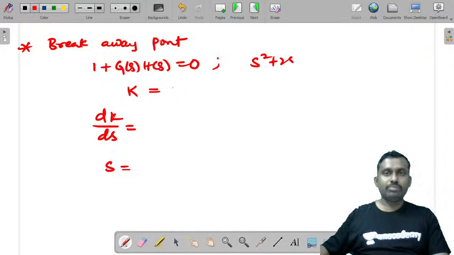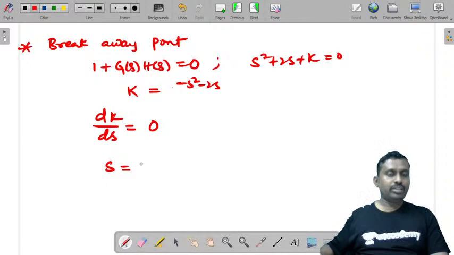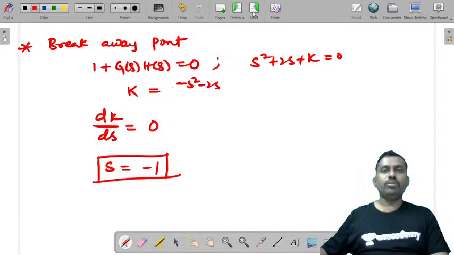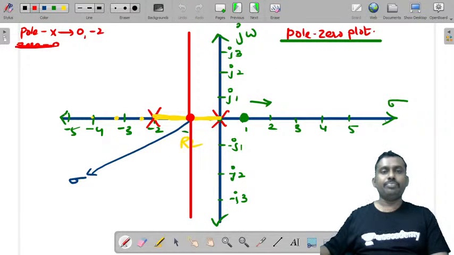You'll get s square plus 2s plus K is equal to 0. From this, K is minus s square minus 2s. If you differentiate and make it equal to 0, you'll get s is equal to minus 1. That means the breakaway point is also the centroid.